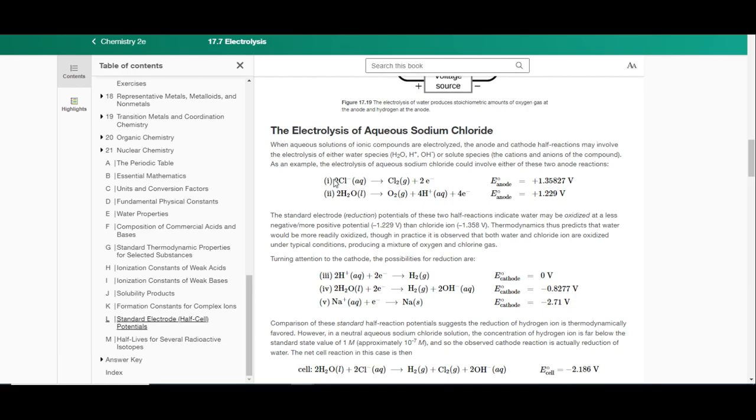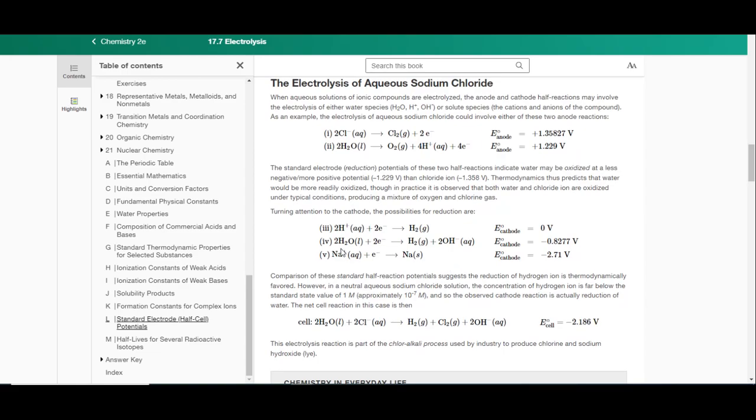So in this case, they're doing the electrolysis of sodium chloride, right? For sodium chloride, if the potential is lower, like here you can see H2O's potential is lower. That means this is more favored because of thermodynamics. This is more thermodynamically favored. So water is going to reduce rather than you getting the production of chlorine gas.